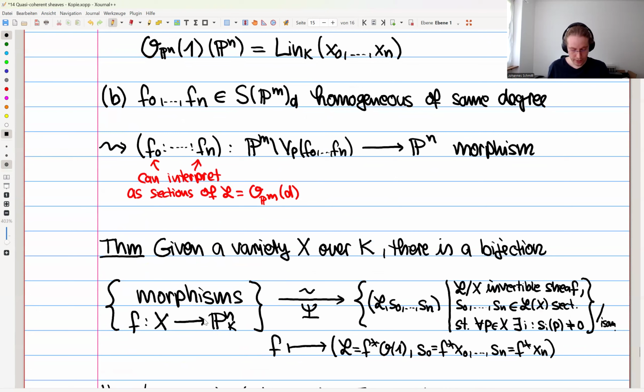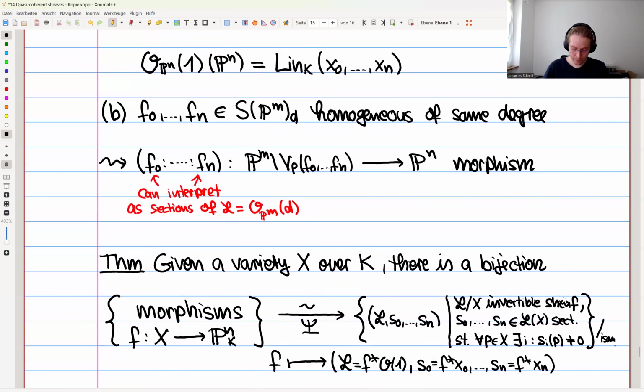And so this is the following: given the variety X over k, there is a bijection between the morphisms from X to the projective space Pn and the set of such tuples (L, s0, ..., sn), where L is an invertible sheaf, so a locally free sheaf of rank 1 over X. And then these s0 up to sn are global sections of L on X, which have the property that for all points in X, there is at least one index i such that the i-th section doesn't vanish at this point.